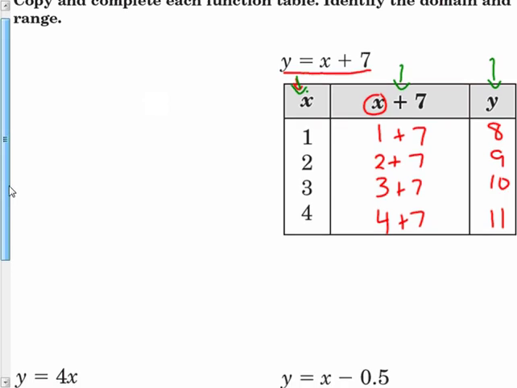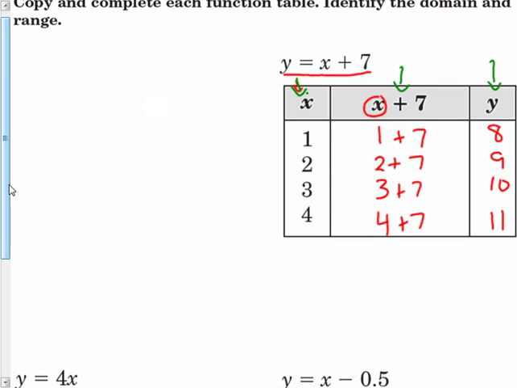To identify your domain and range, what you're going to do is write the word domain, and then make a bracket, which looks like a parenthesis with an arrow in it. You'll list the numbers that are the x values. Remember, the domain is your x values. So I'm going to list 1, 2, 3, and 4, and I'll close that out with another bracket.